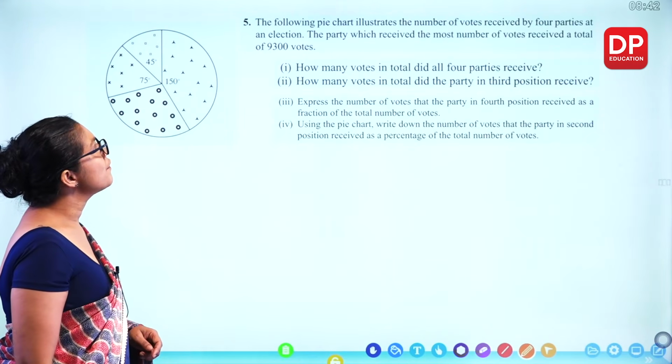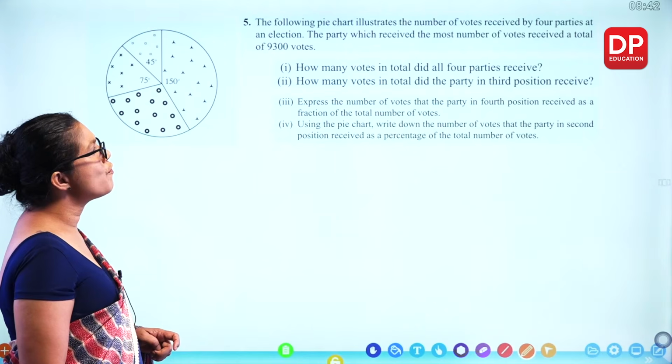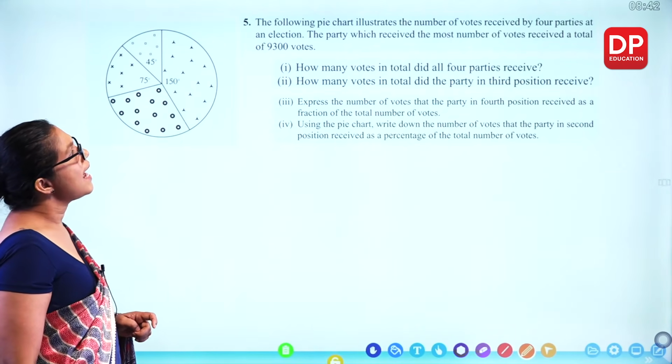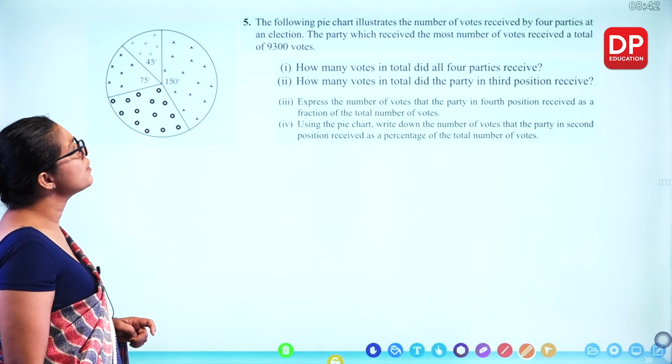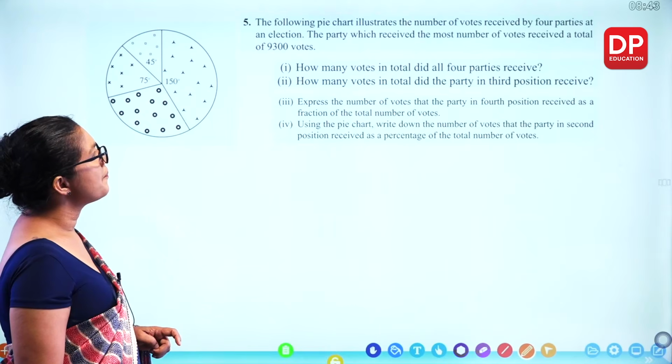Now we'll look at the fifth question. It says the following pie chart illustrates the number of votes received by 4 parties at an election. The party which received the most number of votes received a total of 9,300 votes.